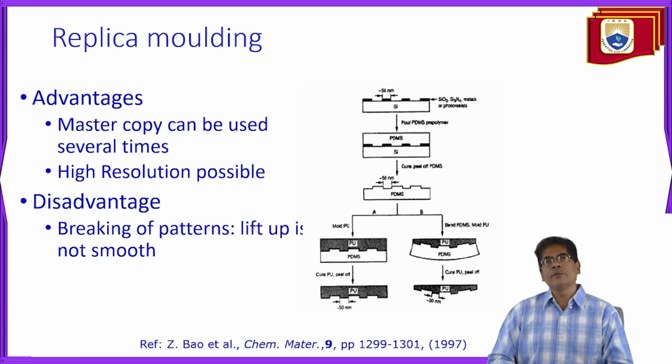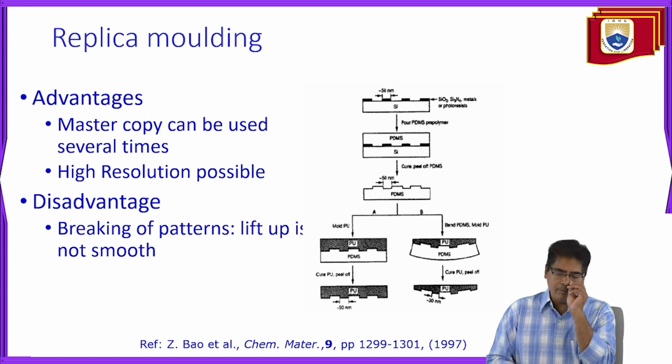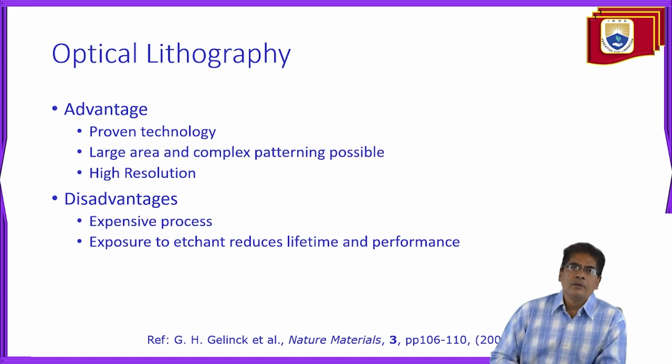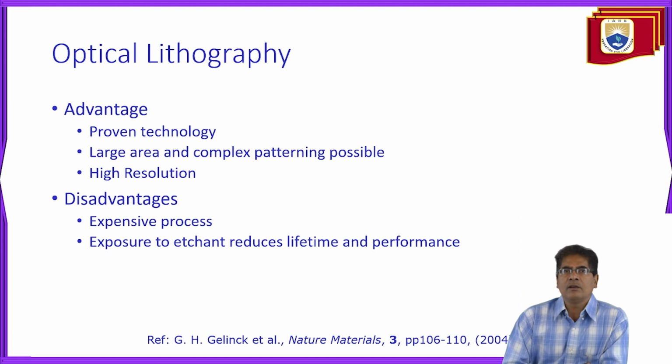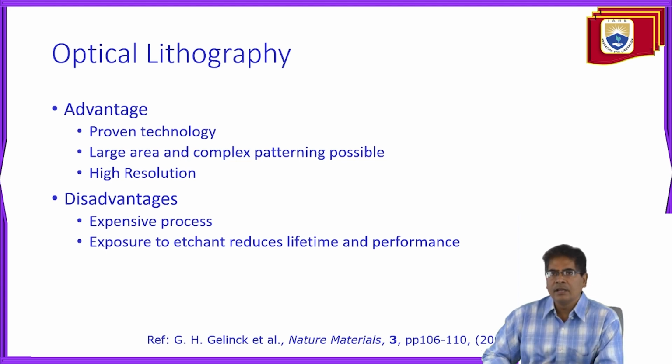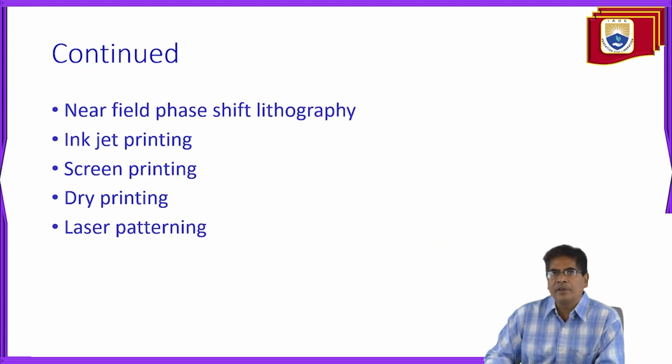So these are some of the advantages of replica molding. The master copy can be used several times, high resolution possible, and the disadvantage is breaking of patterns and lift up is not smooth. If you come to optical lithography, the advantages are proven technology, large area and complex patterning possible, high resolution, and the disadvantage is expensive process, and exposure reduces lifetime and performance.